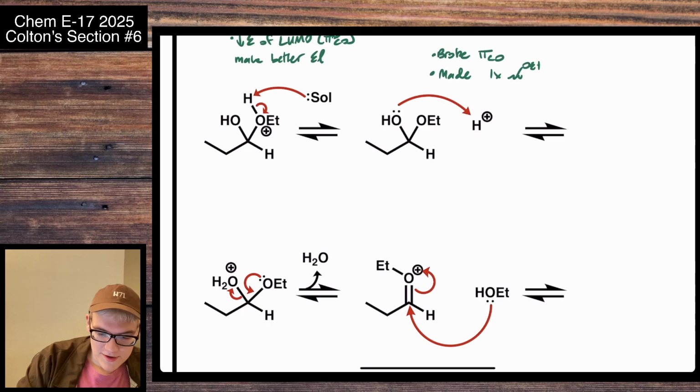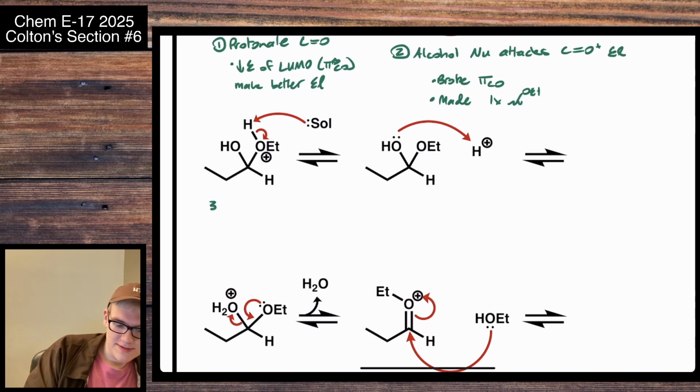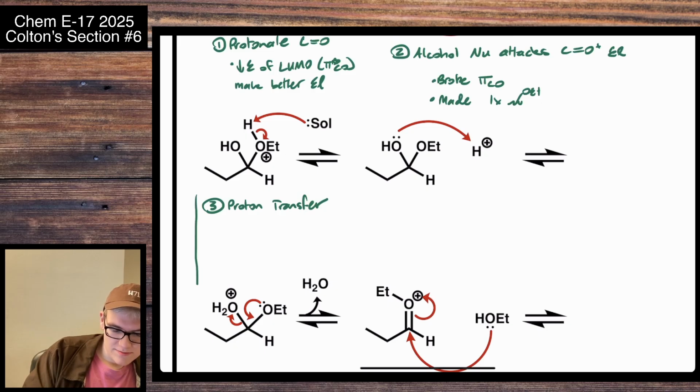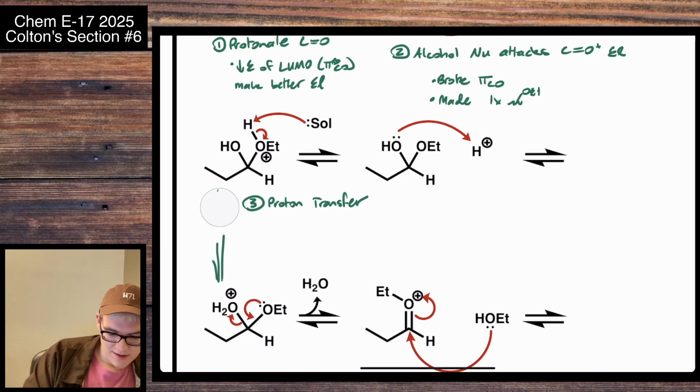So what we're doing in this step is protonating the OH to make it a better leaving group. These two steps together we can group and call a proton transfer. Our way of abbreviating it is to just draw an arrow between this starting molecule and this bottom one, which I'll write out a little clearer here.